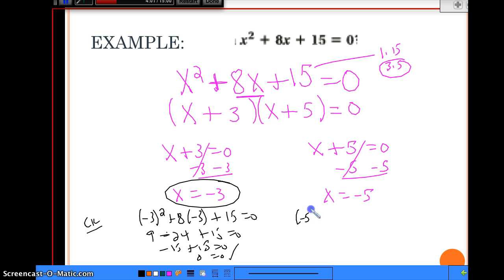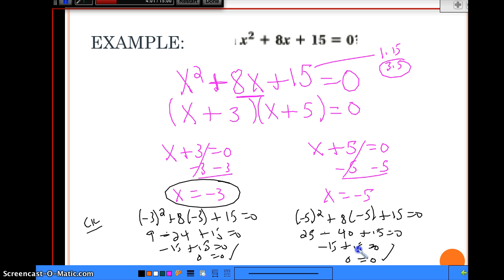Checking negative 5 squared plus 8 times negative 5 plus 15 equals 0 would give me 25 minus 40 plus 15 equals 0. That would give me negative 15 plus 15 equals 0, and 0 equals 0.